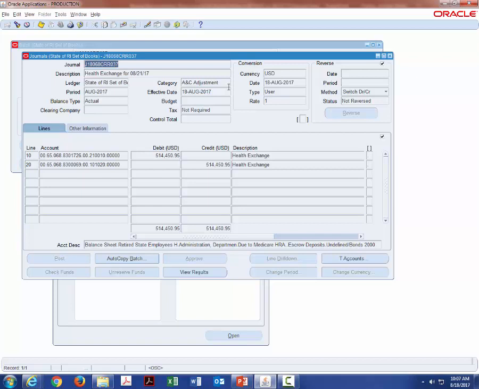The next thing for an approver to look at is the description field of the journal entry. The description field should contain a brief but informative and meaningful description of what the journal entry is designed to accomplish. It is not enough merely to say backup on file at agency. Whenever possible, a reference should be made to a specific previously posted journal entry or other RIFANS transaction to which the current journal entry relates.